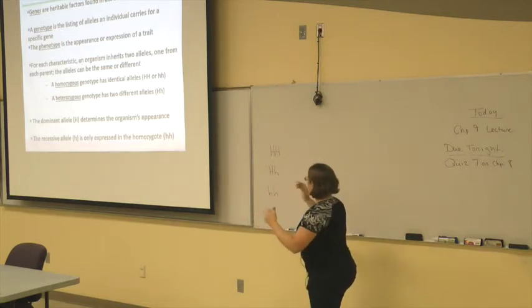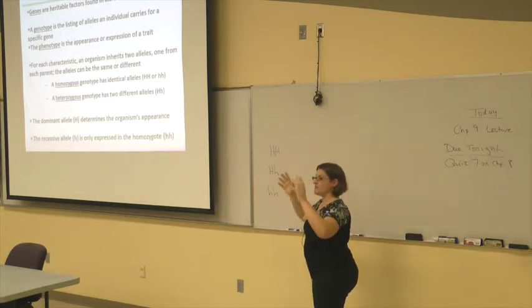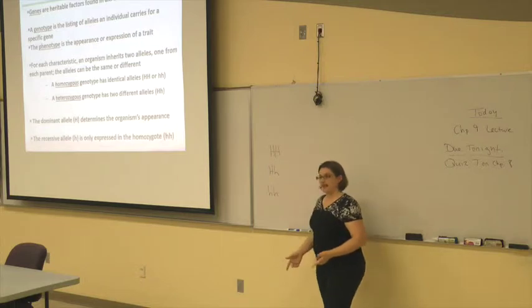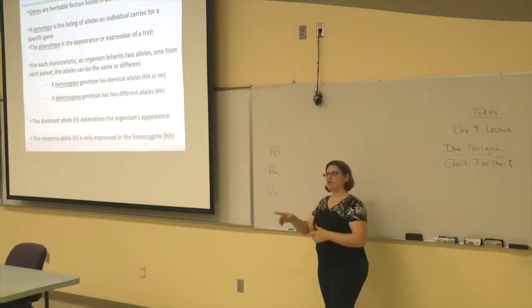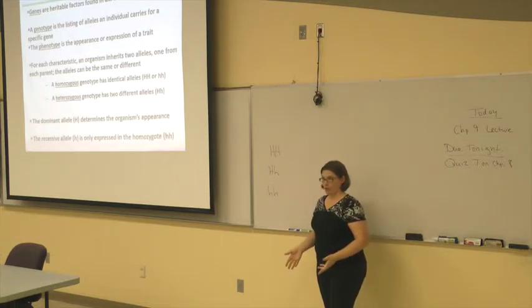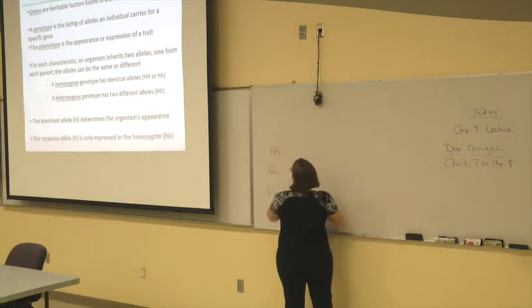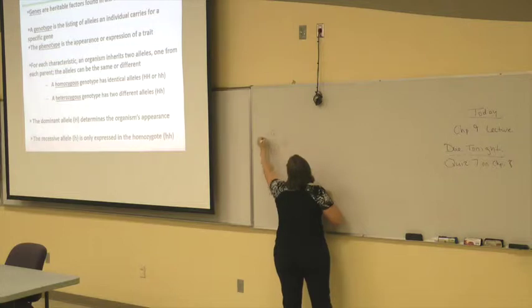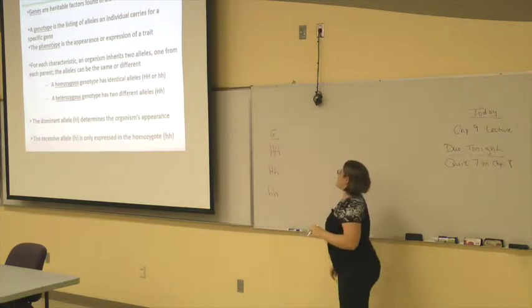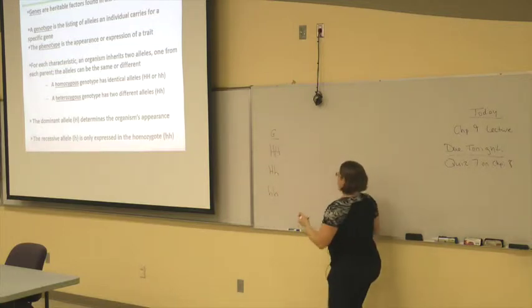So if I'm talking about height, and let's say that tall is dominant to short, big H is dominant to little h. Big H, the allele for tall; little h, the allele for short. So what phenotype is going to be expressed by this genotype, big H, big H? Tall.